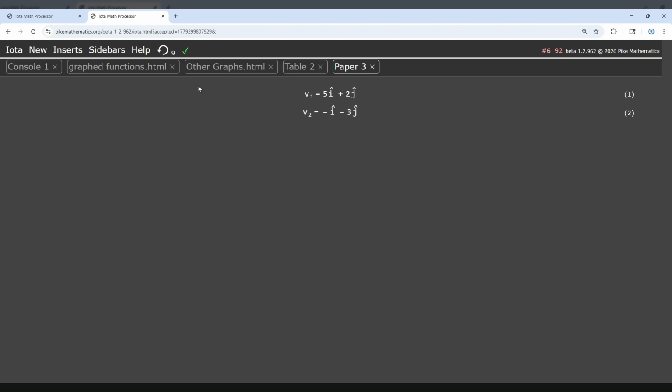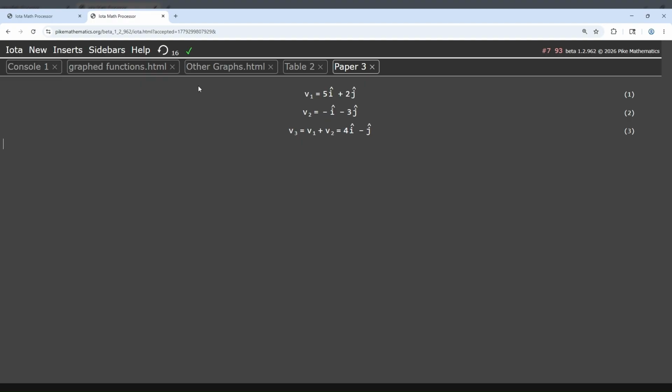What can you do with vectors? You can add them up. So let's go ahead and do that. The result of that, I'm going to define as a third vector, v3. So I'm going to say v3 is equal to v underscore 1 plus v underscore 2. There you go. So that's the sum of those two vectors.